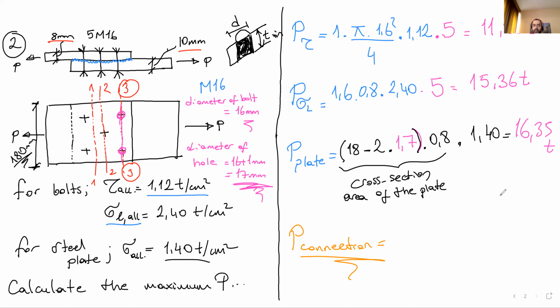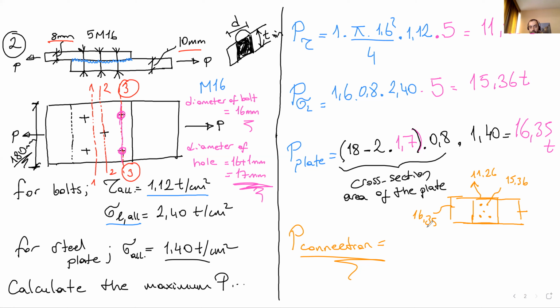Here, let's say we have a connection here, basically. The shear capacity here, bearing capacity, and the steel plate capacity here. Let me write it here. Okay. I'm trying to give you a logic.